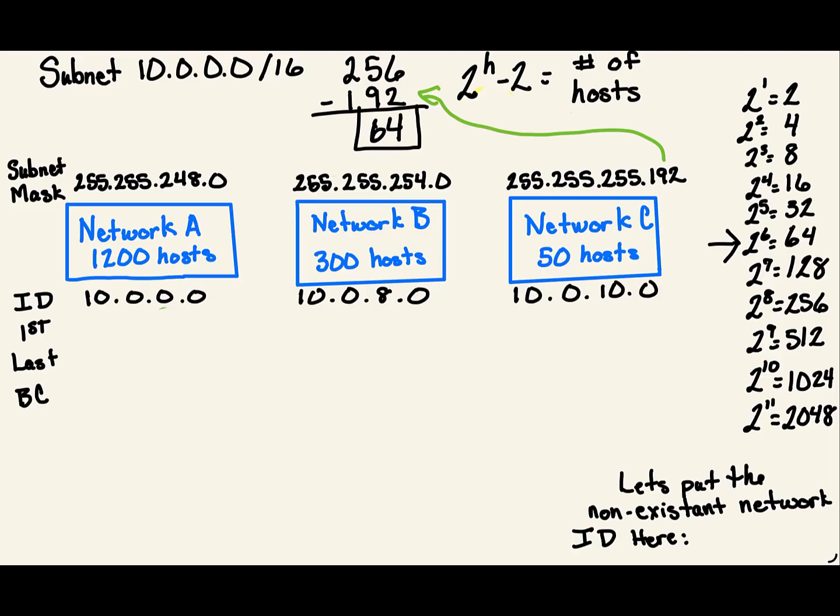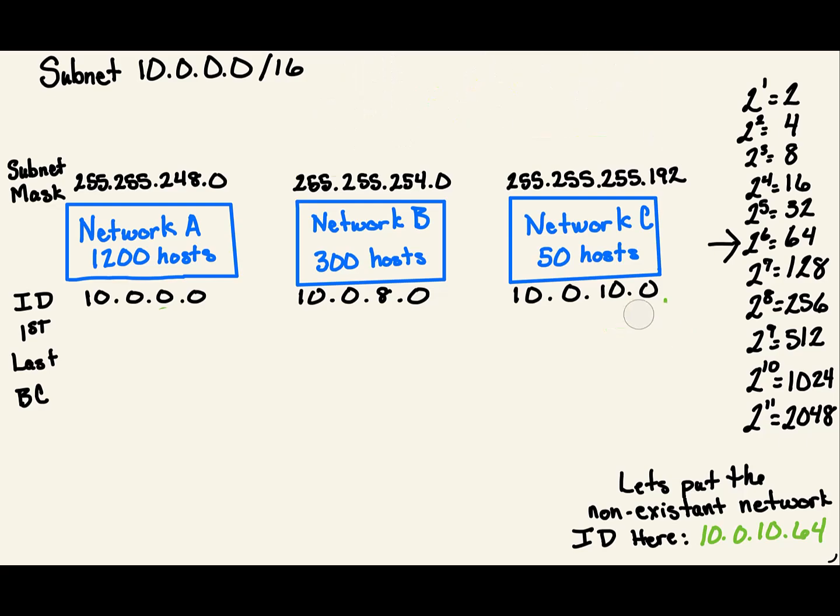And that is where we add our block size of 64. So we add 64 to 0, and we end up with a network ID for the fourth and non-existent network of 10.0.10.64.